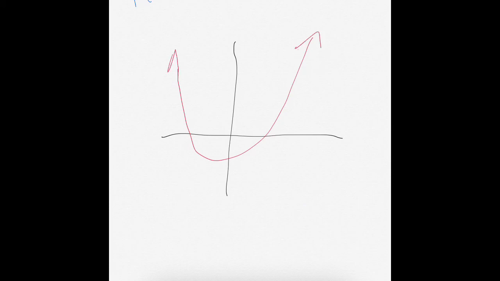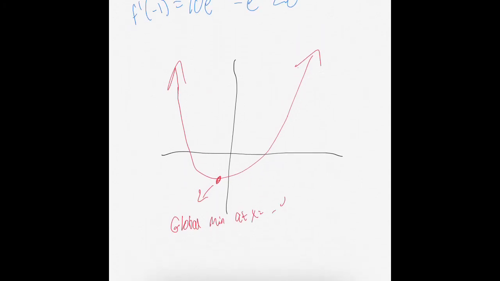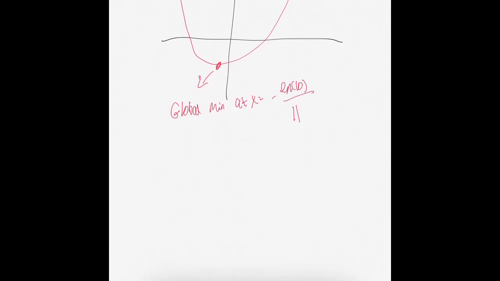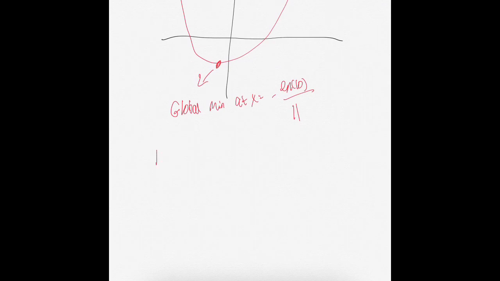Which means that since that's the only critical point, my function necessarily looks something like this. Or I suppose it might not go up indefinitely, but I certainly know that I have a global min at x equals minus ln 10 over 11.